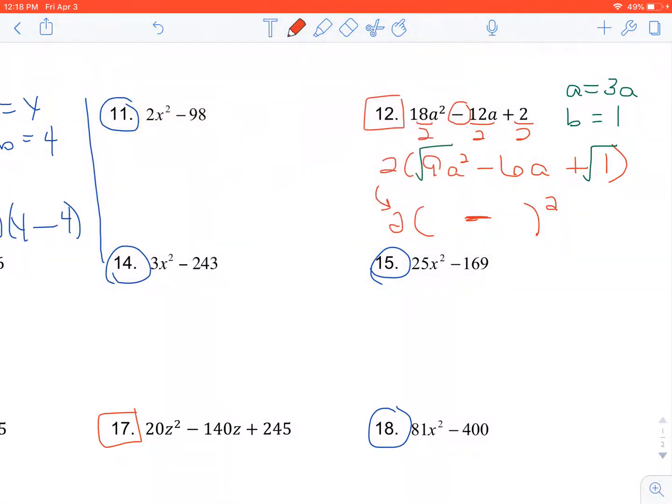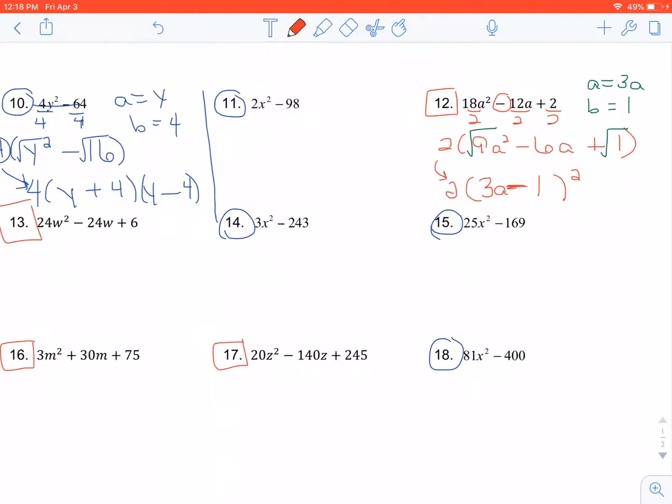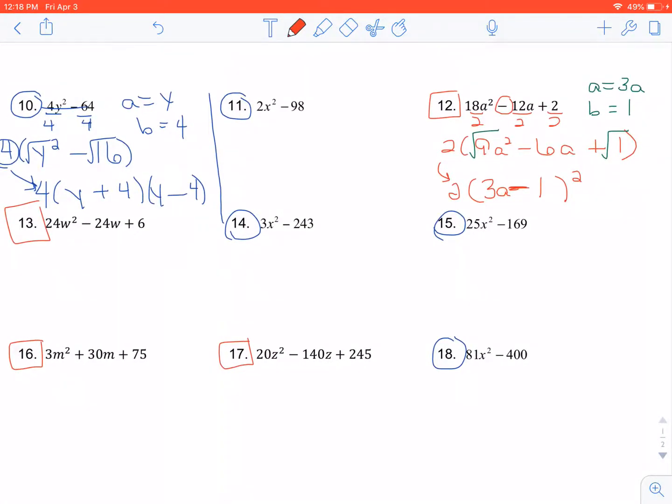So finally, we have 3a minus, because there was a minus in the original problem, and then 1. And then that's squared. So 13, 14, 16, and 17 actually. So 13, 16, and 17. I'm sorry. Those bottom 3 are like number 12.